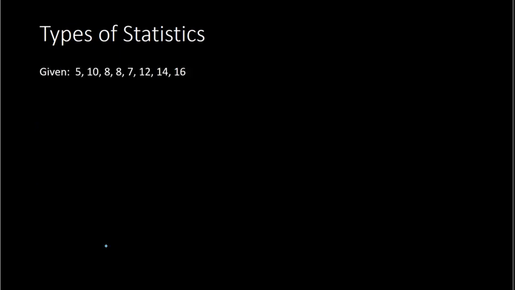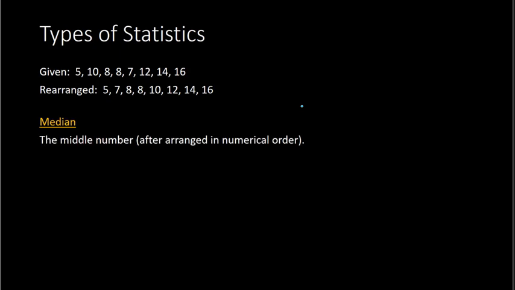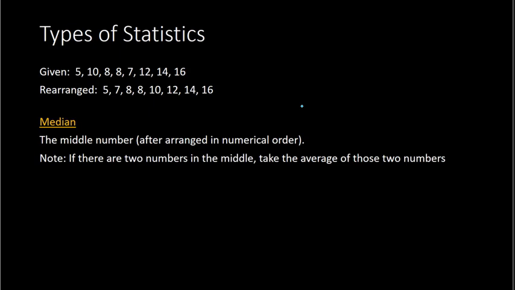Now looking at the same list of numbers, let's try to find the median. So the median, by definition, is the middle number. And it's the middle number after it's arranged from smallest to biggest. Alright, and take note that if there are two numbers in the middle, then you take the average of those two numbers.